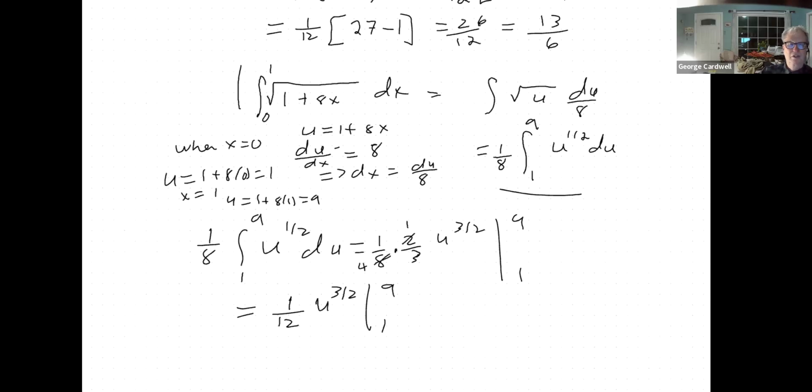Right? 4 times 3 is 12. So now you just plug in 1/12, 9 to the 3 halves minus 1/12, 1 to the 3 halves.